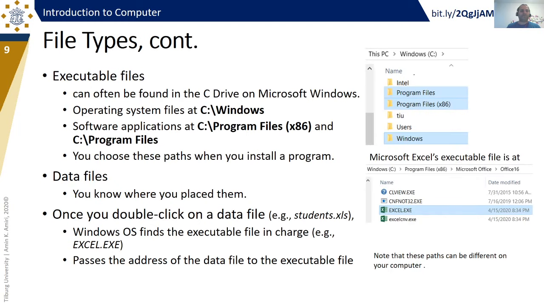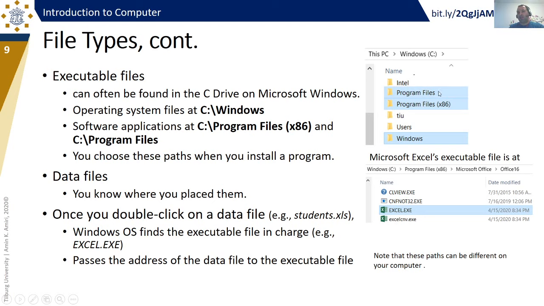So those executable files, as I mentioned, can be used by either the operating system or software applications. Operating system files, those executable files, can be found at C:\Windows most of the time. This C:\Windows folder includes all the operating system executable files, the operating system programs. But most of the software applications are stored in Program Files or Program Files (x86).